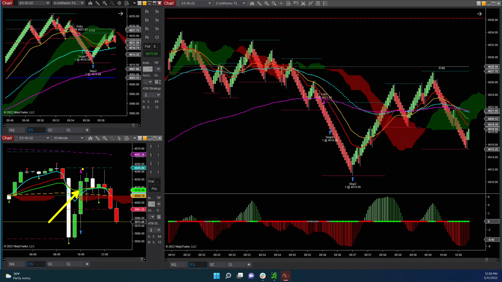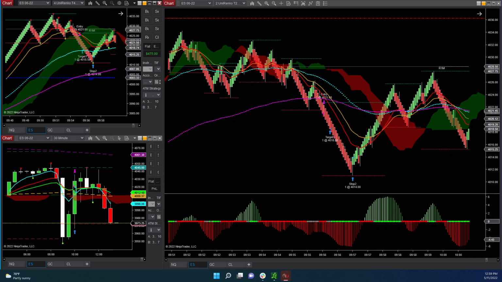It found some resistance at this level right here, and then started to come down. When it was coming down is where I took the trade. So here you have the entry, that red triangle or red arrow, and then you have the first contract going off, and the second contract going off.